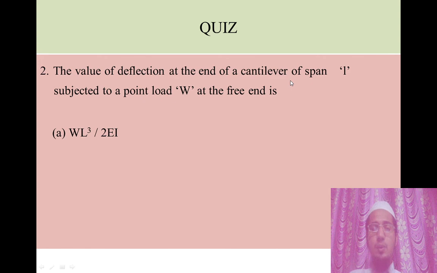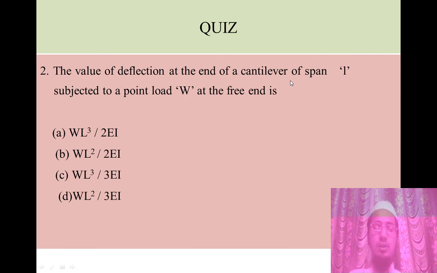Options are WL cube by 2EI, WL square by 2EI, WL cube by 3EI, and final option is WL square by 3EI. We have seen this. Can anybody answer? Okay, the correct answer is WL cube divided by 3EI.